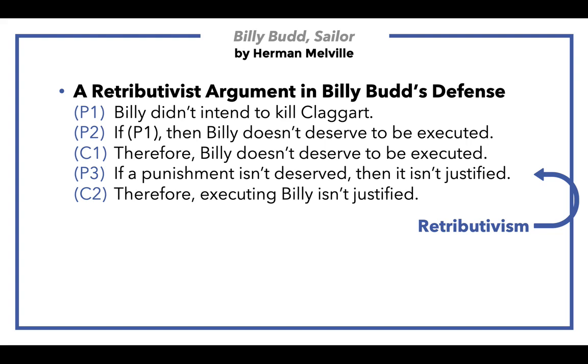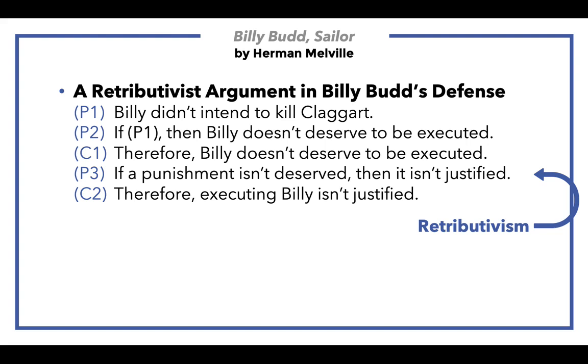It's also worth noting that the mixed theory about punishment would say that too. The mixed theory would be committed to the same kinds of premises that were given in the utilitarian argument. If a punishment isn't useful, it isn't justified, and the mixed theorist would agree with that.